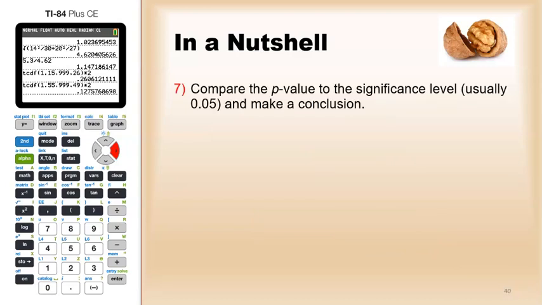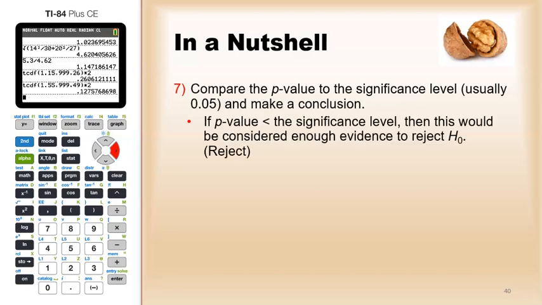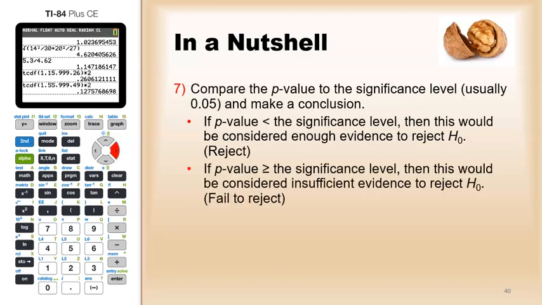After that, once we have our p-value, we'll compare it to the significance level, which is usually 0.05, and we'll make a conclusion. If the p-value is less than the significance level, then that would be considered evidence to reject the null hypothesis. If the p-value is greater than or equal to the significance level, then this would be considered insufficient evidence to reject the null hypothesis.